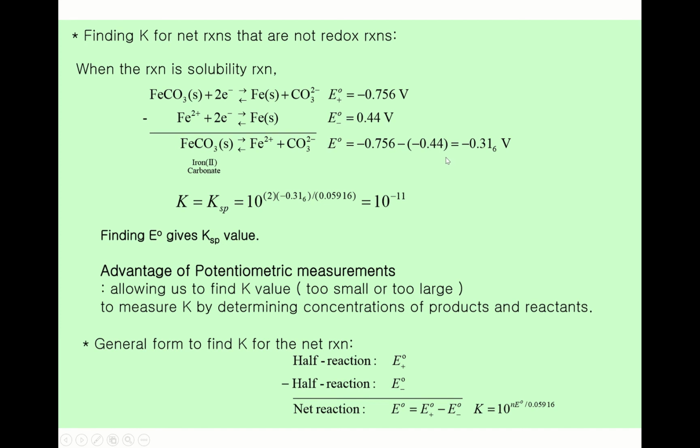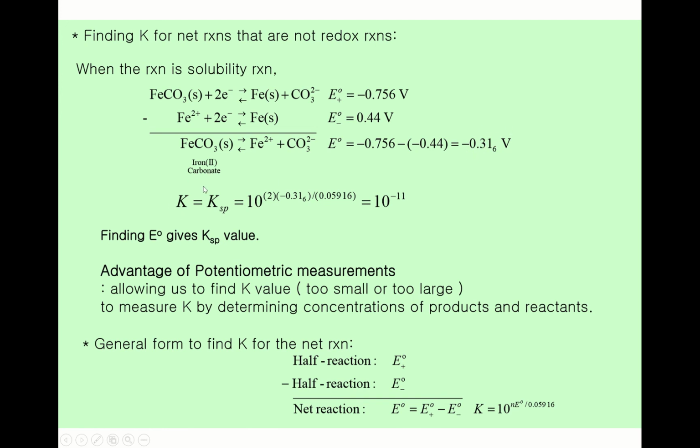I'm sorry, this must be a minus, not a plus 0.44. I think this is a minus. The difference in standard potentials is, we take this difference here, and we get minus 0.316 volt.